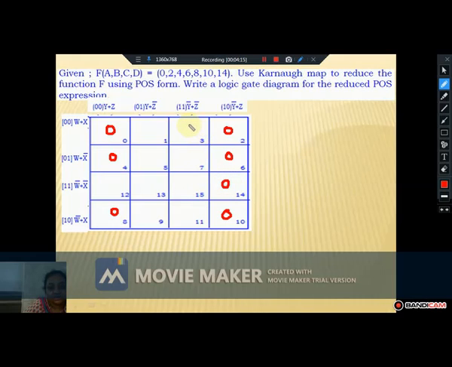The rest we can mark as 1. As it is a POS expression, we need to group zeros, not ones. If it is SOP, we have to group ones.